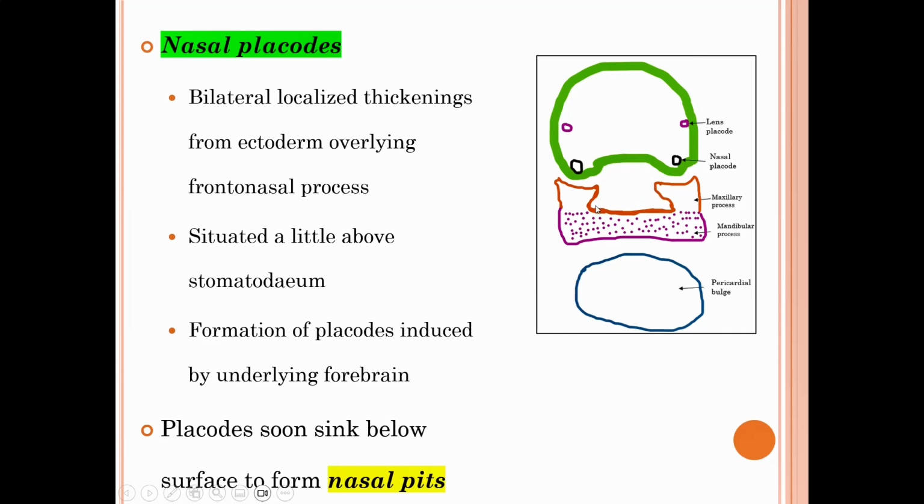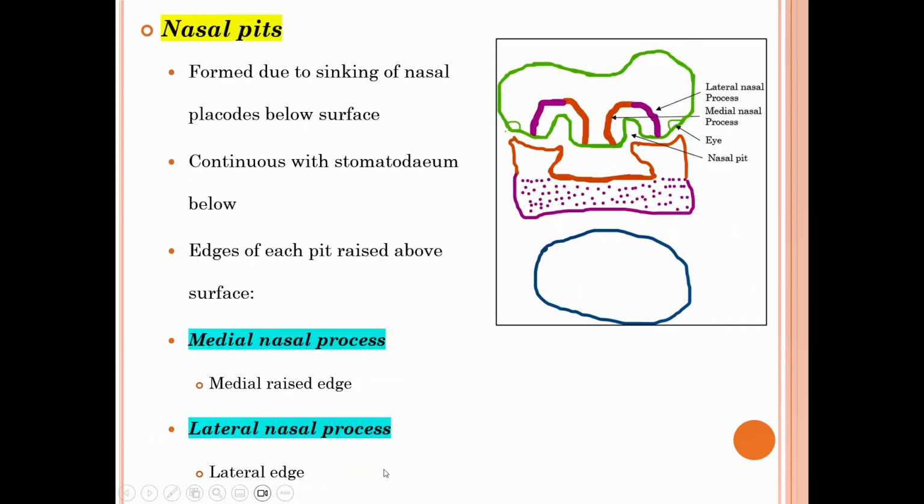Here is stomodium, this is first pharyngeal arch having maxillary process, mandibular process, and this is nasal placode. Now this nasal placode will sink below the surface to form the nasal pit.